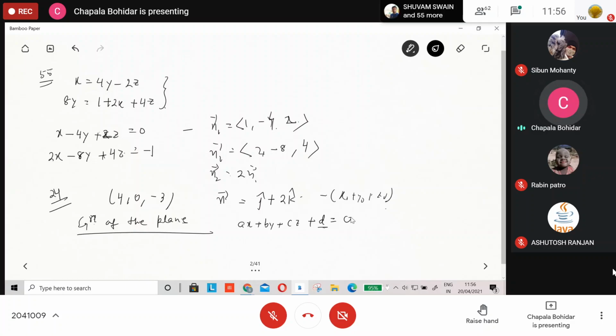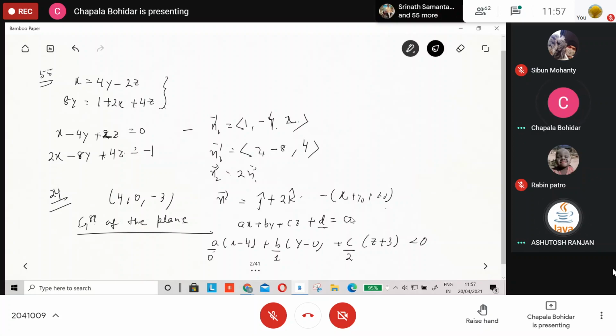Or you can say the equation of the plane is a(x minus 4) plus b(y minus 0) plus c(z plus 3) equal to 0. What is the value of a? a is 0, b is 1, c is 2.